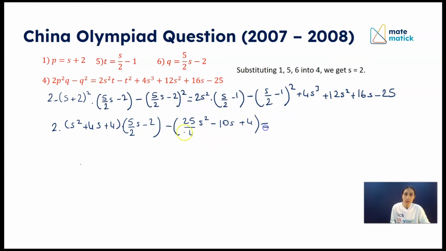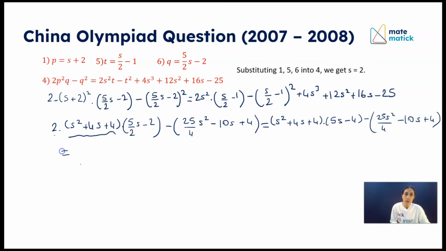I'm gonna multiply these two with this parenthesis because it will be much easier. (S squared plus 4S plus 4) times (5S minus 4) minus this parenthesis, 25S squared over 4 minus 10S plus 4.